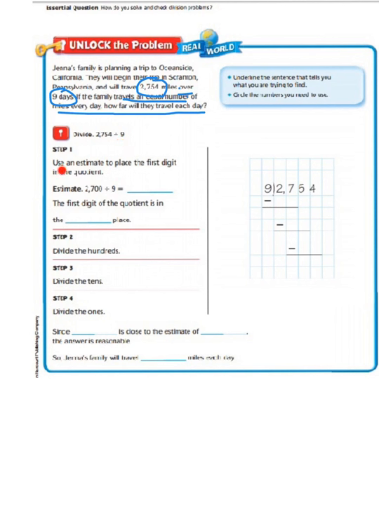So look at step 1. It says to use an estimate to place the first digit in the quotient. Well, if we take 2,754, we see at the very beginning this 27 in our dividend and 9 in our divisor. We know that we have a basic fact of 9 times blank equals 27.